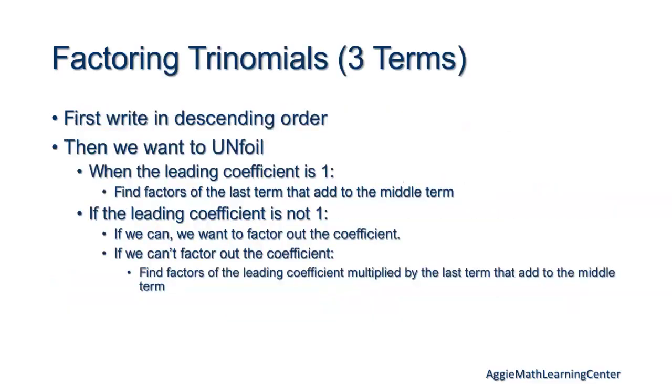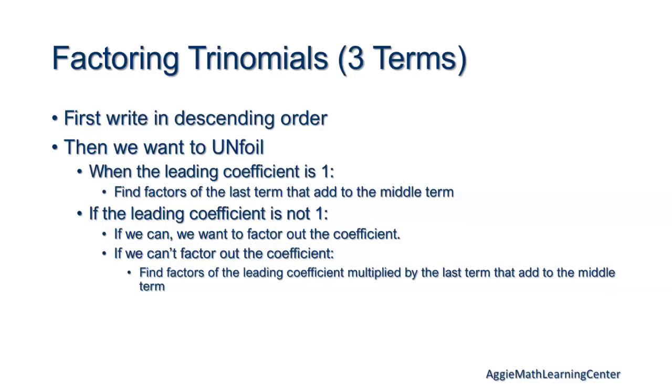We started doing this a little bit in class. Factoring trinomials, where you have three different terms. They're all written in descending order, so you usually have something with an x squared, and then an x, and then something that doesn't have an x with it. And this is where we talked about foiling before. This is where we want to unfoil. So when the leading coefficient is 1, we find the factors for just the last term that add to make the middle term.